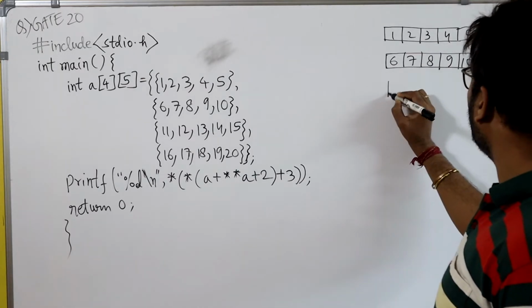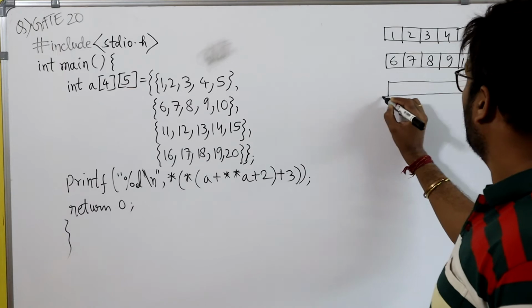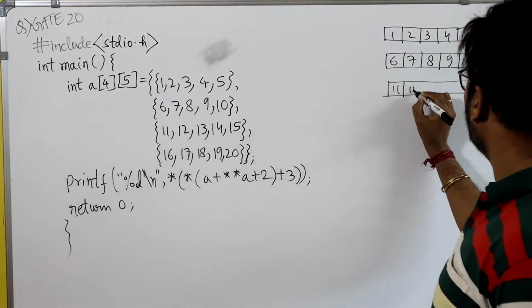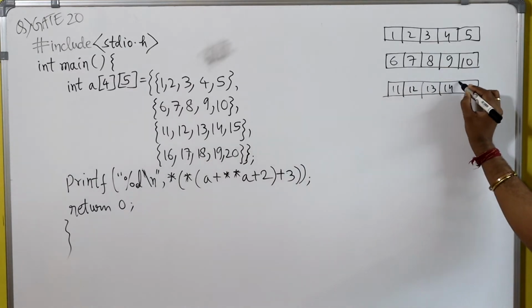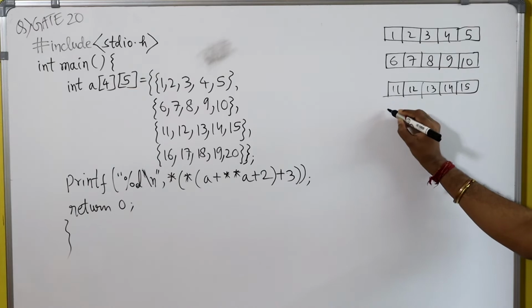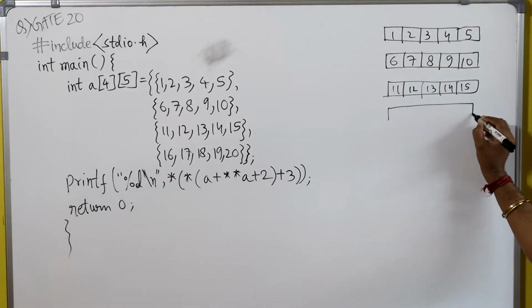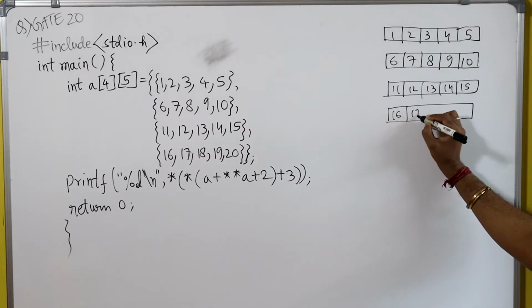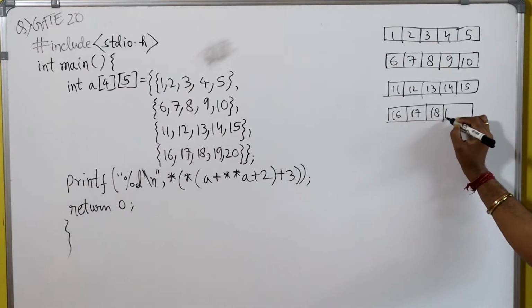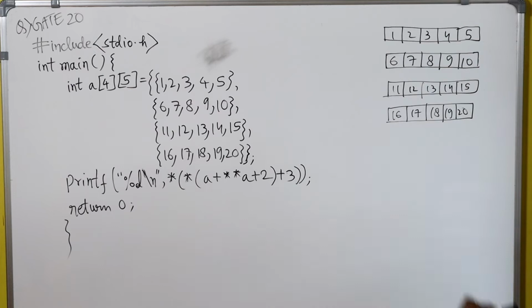The third 1D array is 11, 12, 13, 14, 15. And the fourth 1D array is 16, 17, 18, 19, 20.